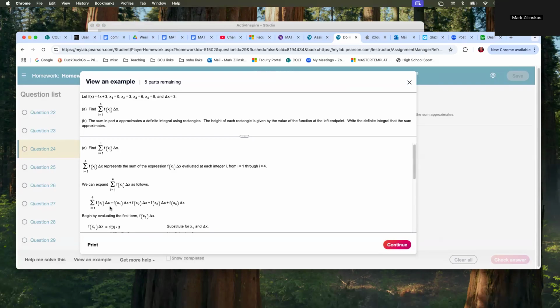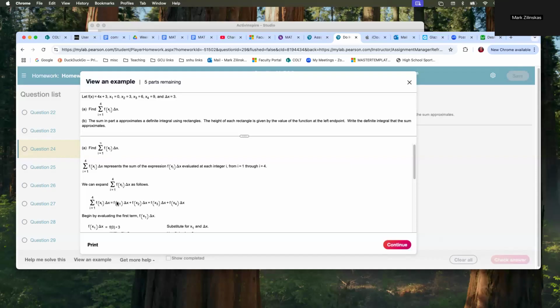So using the formula here, since I have n is 4, I have 4 rectangles. I'm sorry, 3 rectangles, but I have 4 endpoints. I am going to take f of the first endpoint. So this would be a left sum. So I'm going to let the left endpoint be the height of the rectangle.